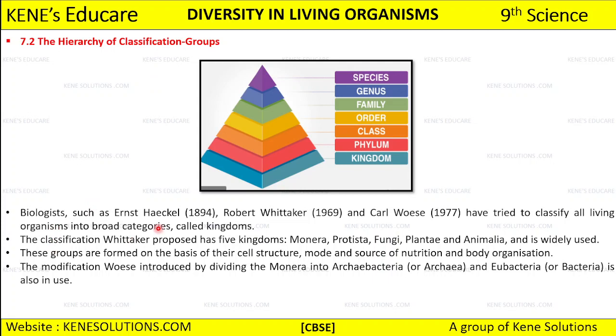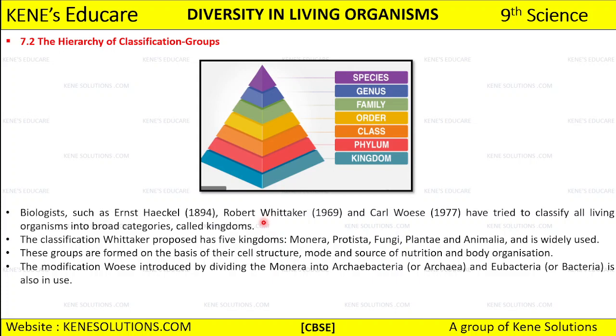Biologists such as Ernest Haeckel in the year 1894, Robert Whittaker in the year 1969, and Carl Woese in the year 1977, all three biologists tried hard and classified all the living organisms into broad categories.